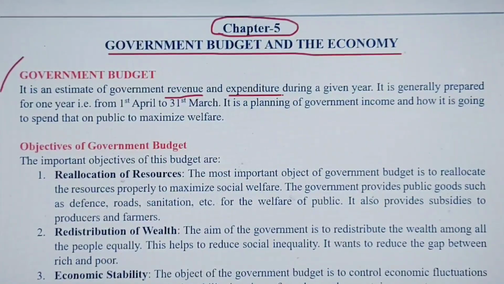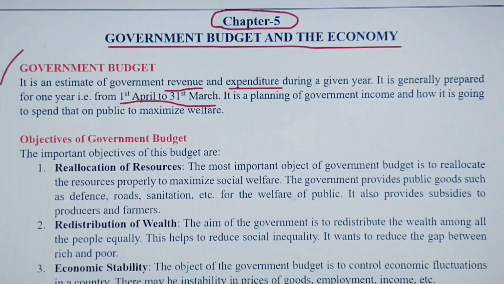It is a pre-plan of the government, that how it will earn revenue and how it is going to spend that money on the public. Generally this government budget is prepared for 1 year, that is 1st April to 31st March every year. So these things you can write in its definition.